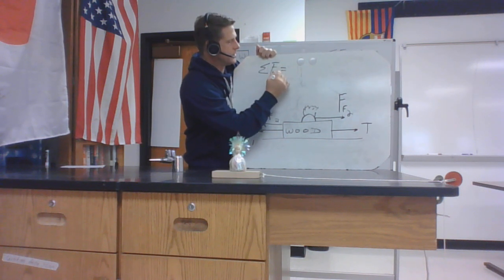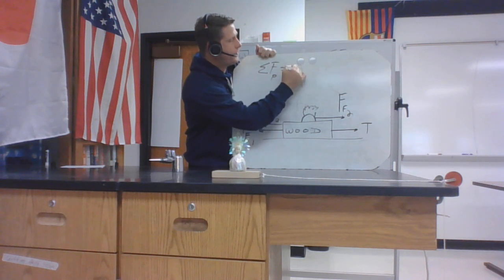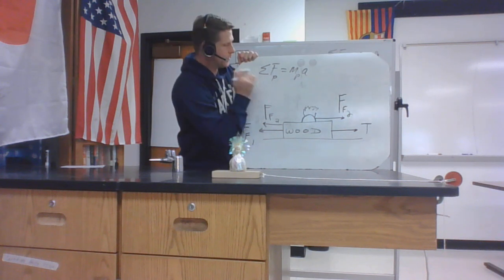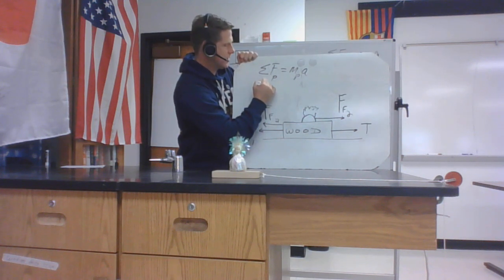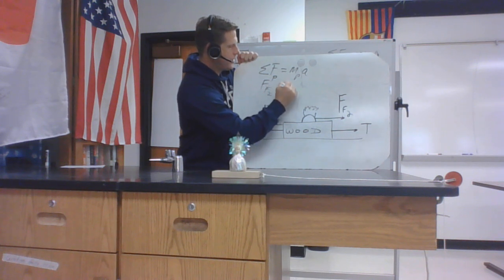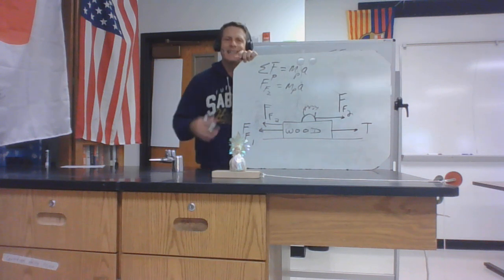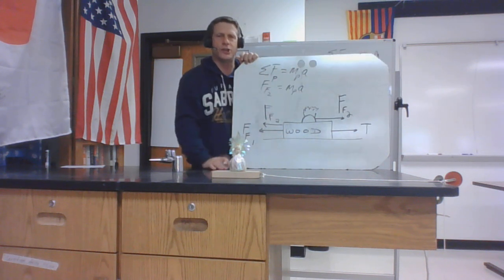So the sum of the forces on the party favor must equal the mass of the party favor times the acceleration. Now, what force is causing the acceleration? Well, we've got it labeled as F2 must equal the mass of the party favor times a, as long as there's an acceleration.